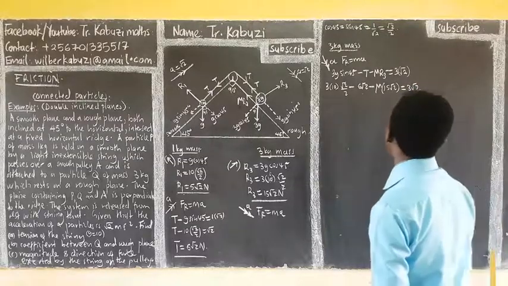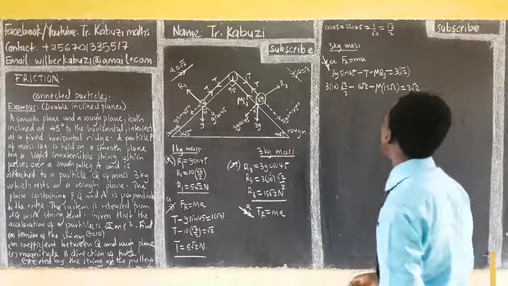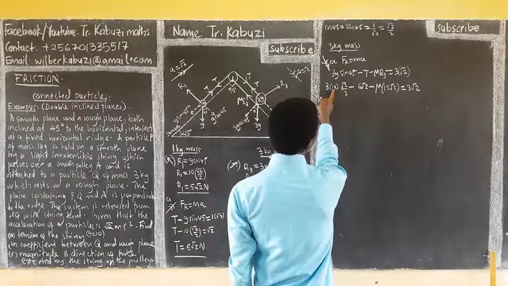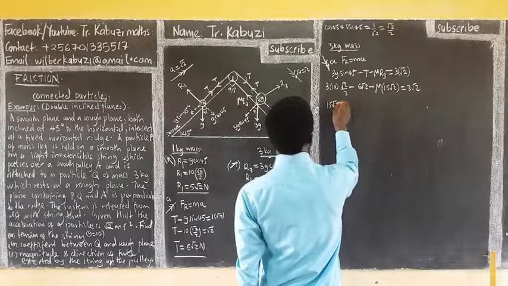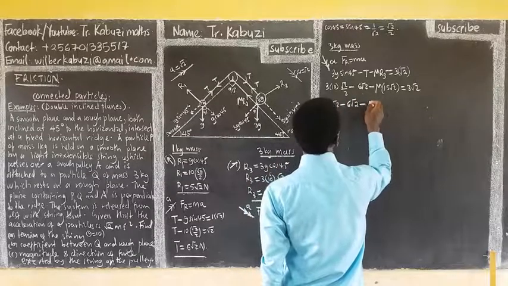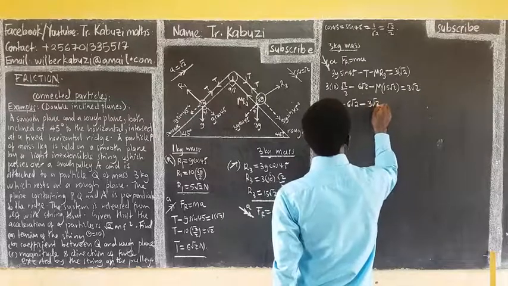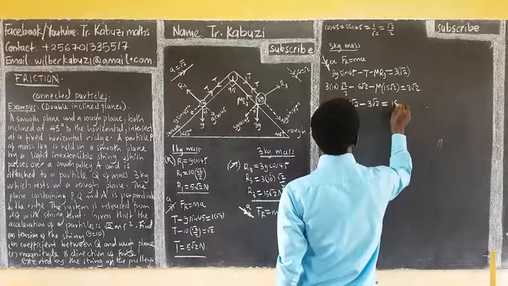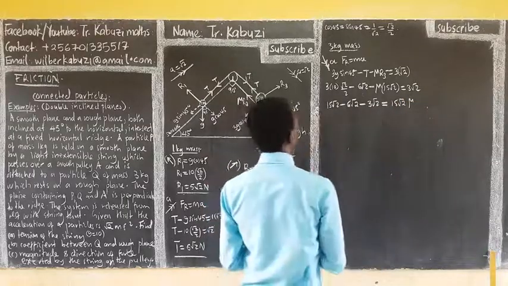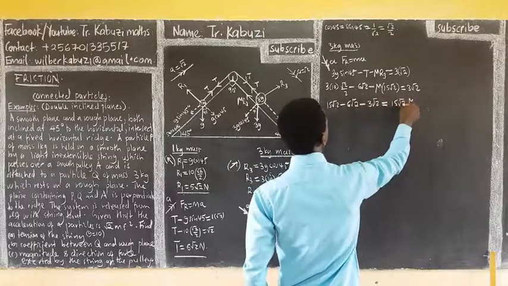Okay, I think we can divide this through by root 2. This is going to be 15 root 2 minus 6 root 2, minus, when I bring this beside, 3 root 2 equaling 15 root 2 mu. So we can divide through by root 2 and ignore it throughout.